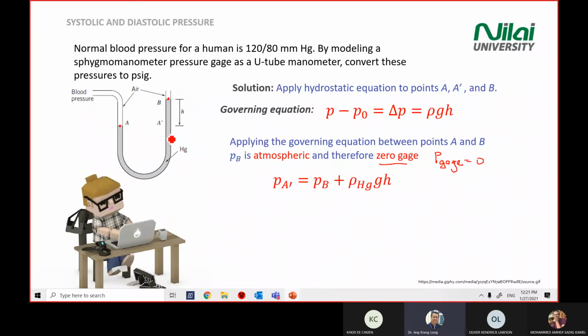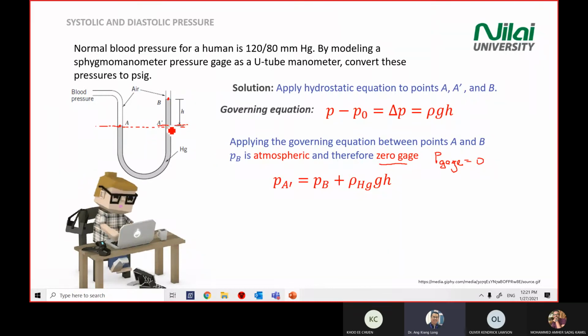Every time you do a calculation for fluid pressure in a tube, you draw a reference line from the beginning and the end. On the screen here, you will see A and A prime. A prime is at the same horizontal level as A, and then B is location B.